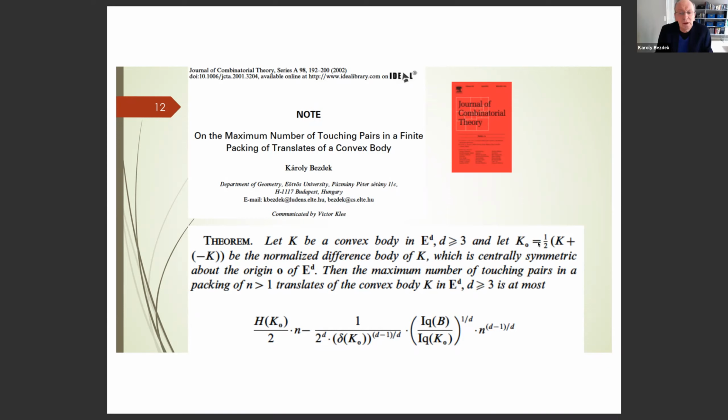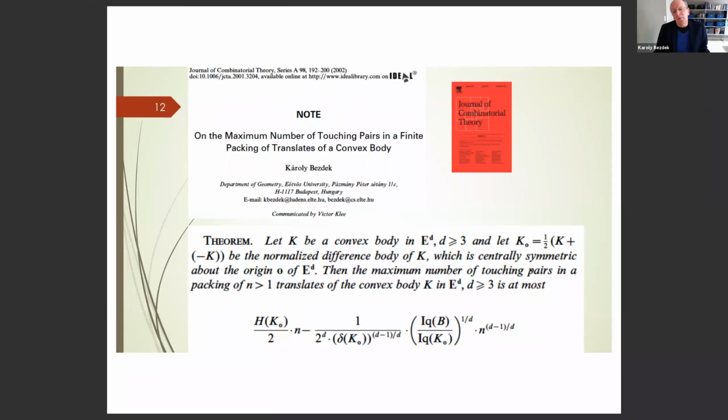And moreover, this symmetrization preserves the packing property. So if we have n translates of K forming a packing and we symmetrize each K with respect to the same point, we get a packing of centrally symmetric convex bodies.